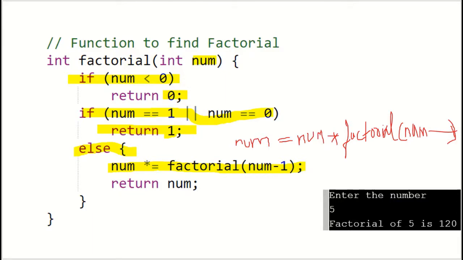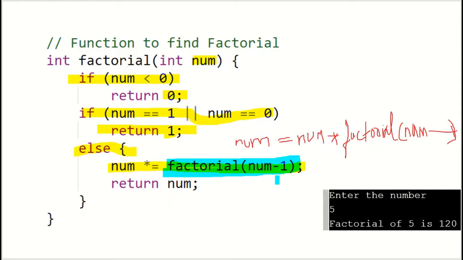So you can see this is again a call to the same function. If the number that we pass was 5, the function that we are again calling is factorial of 5 minus 1, that is factorial of 4.